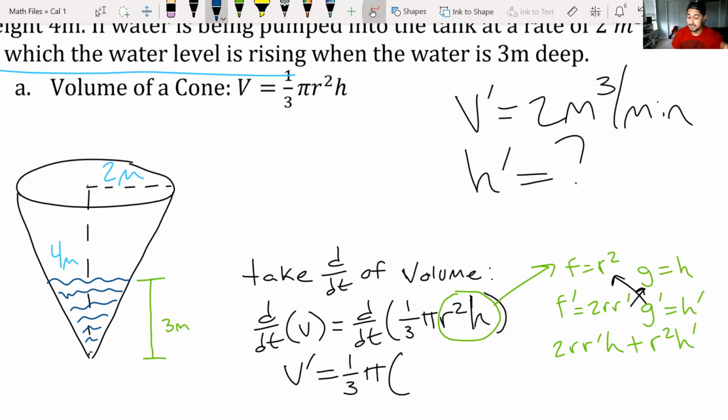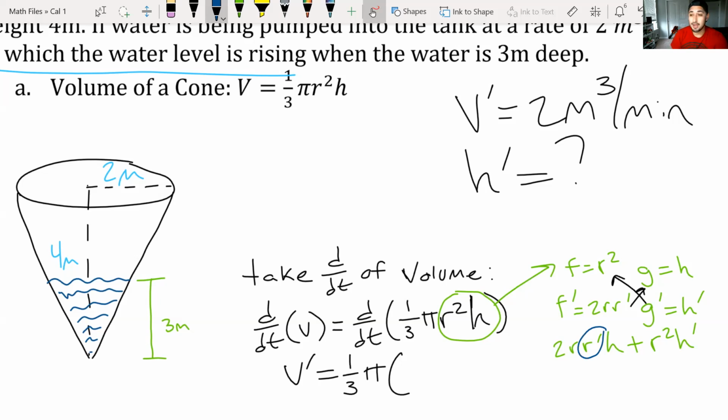So what I'm getting at is the one variable I did not say was r prime. Here's where it causes an issue. Our cone has a radius of 2 meters. So as the water rises, no matter what, the radius is still going to be 2 meters.